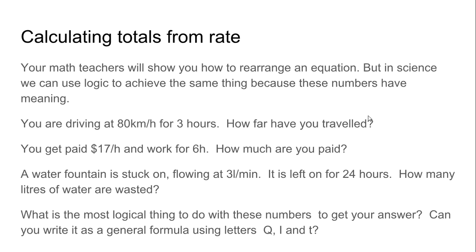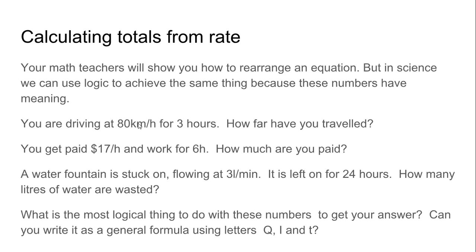So traveled and how much are you paid are quantities, Q. These are rates, the letter I, and this is time, T. What did you do with I and T to compute Q?